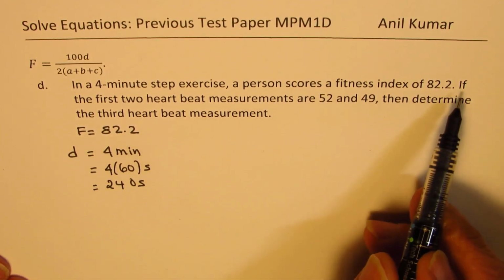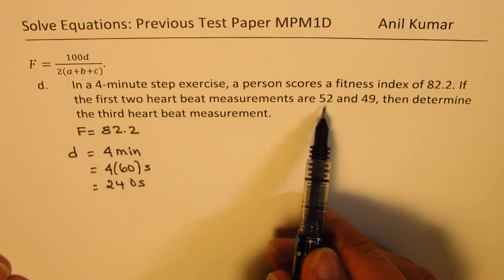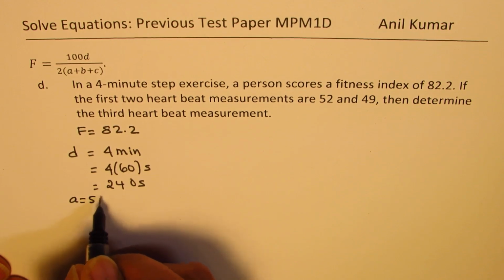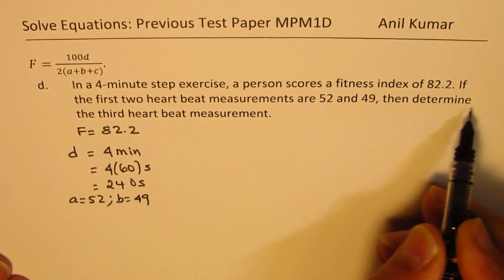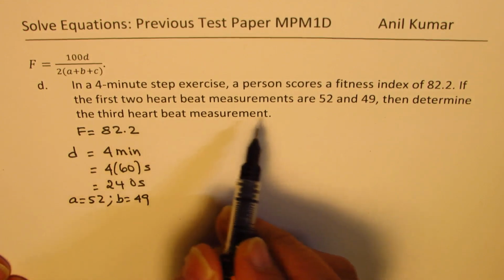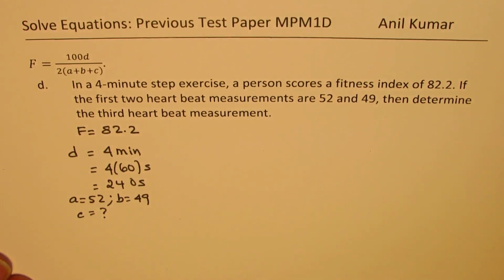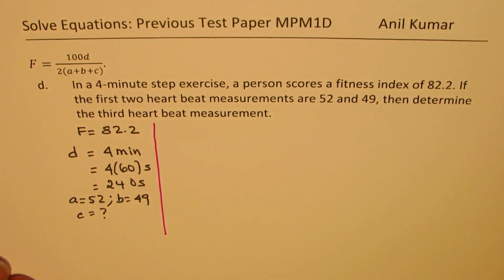Correct? If the first two heartbeat measurements are 52 and 49, so A is 52 and B is 49, determine the third heartbeat measurement, that is C, which we need to find. Correct? So that's the question for you. I would like you to now pause the video, answer the question, and then look into my suggestions.